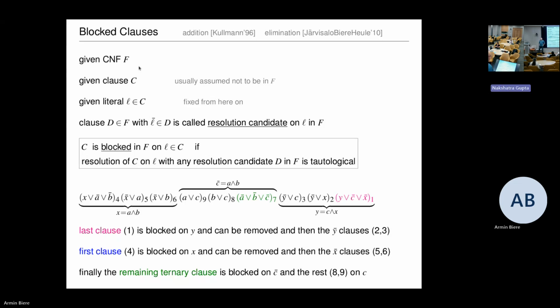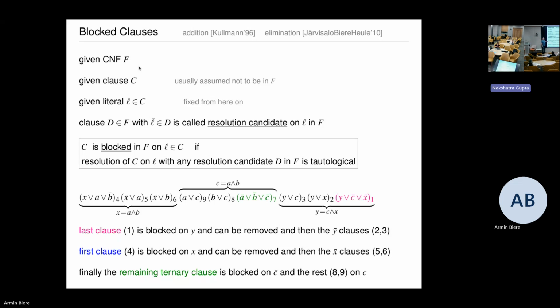There's one intuition for why this is true: it looks like if you have this situation, you cannot really use the clause in a resolution refutation. But it's actually not that easy to see. Here's an example first, and then I'll show you on the next slide a formal proof, which I will really go fast through.